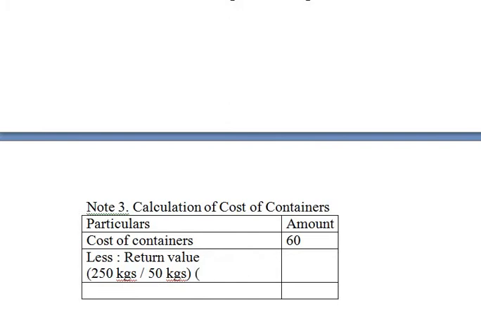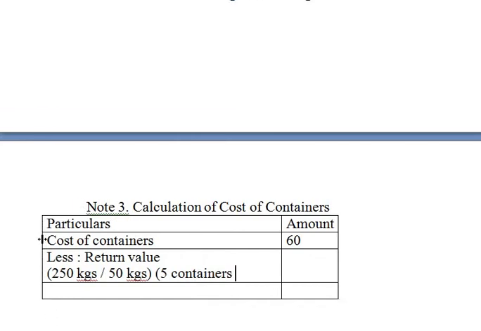So in bracket you can write 5 containers into rupees 9.